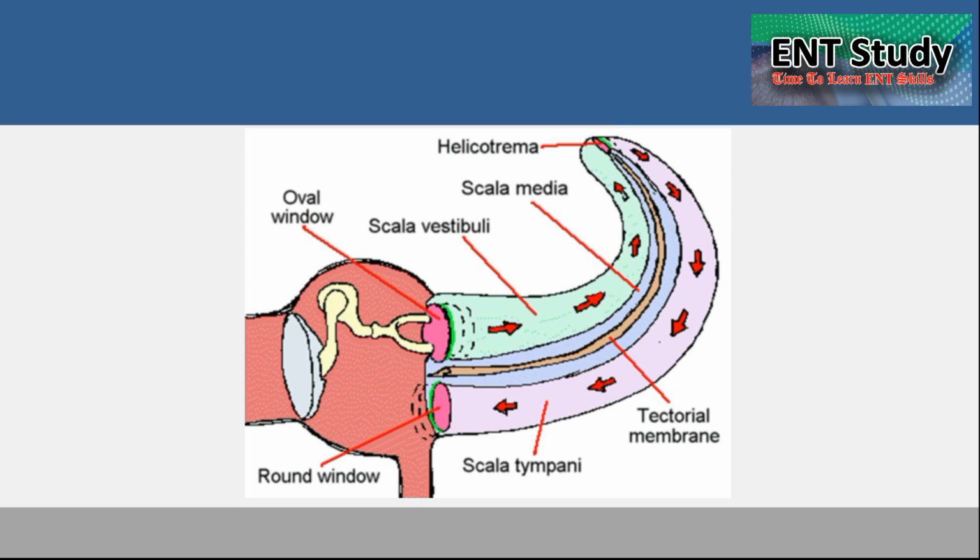This is another diagram showing the inward push of the oval window and the round window pushing out. And this is also showing the direction of the traveling waves.